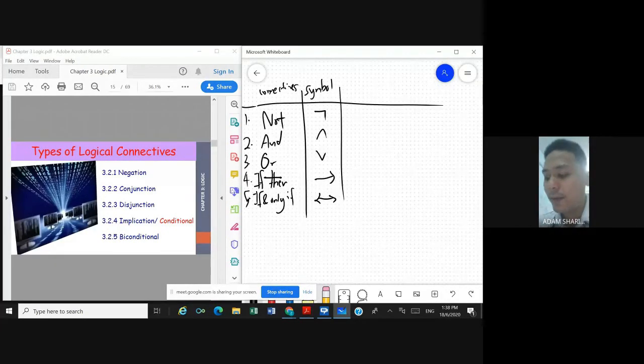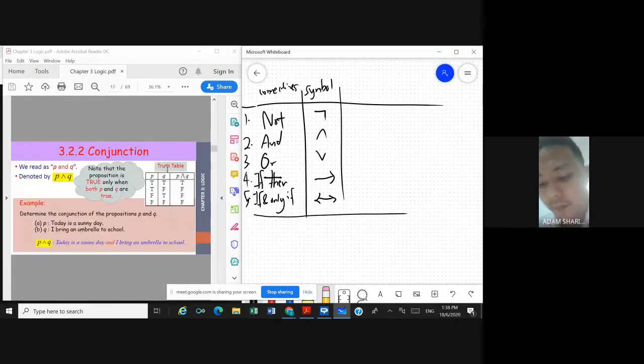I think that should be it. Very simple. We start first with the negation. Negation is the simplest one. Today is sunny day. So P is today is sunny. The negation of P.